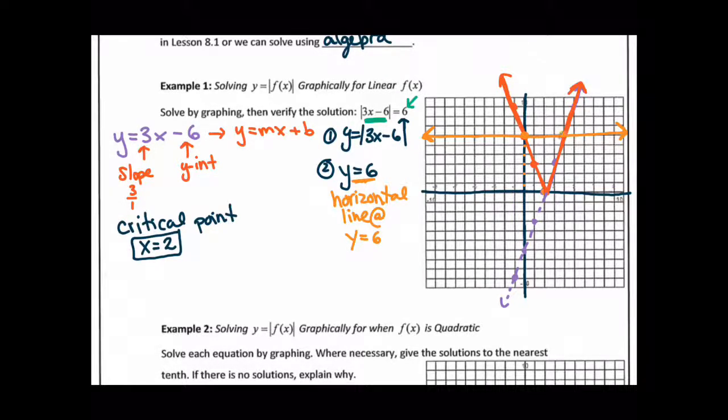This graph is going to cross in two spots. We've got x is 0, y is 6 right here, and then we have this point, which is 4 and 6.